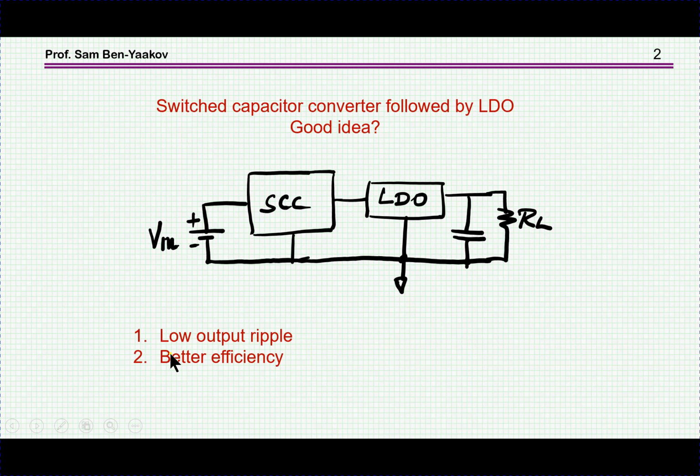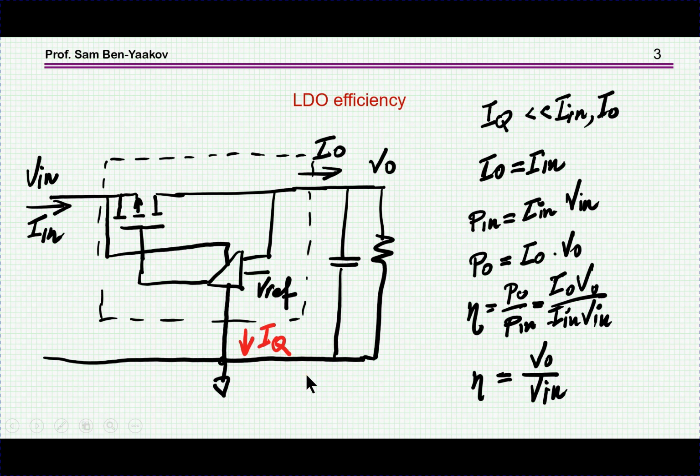Now there is another issue that has been claimed, that there is a better efficiency this way. You can get better efficiency, and therefore it's a good way to go. So I'm going to concentrate on this second issue, and let me start off with an LDO.